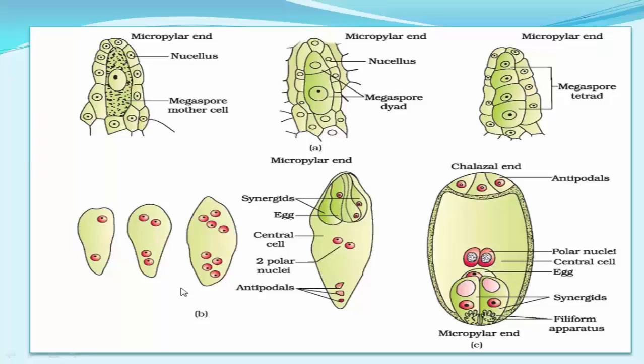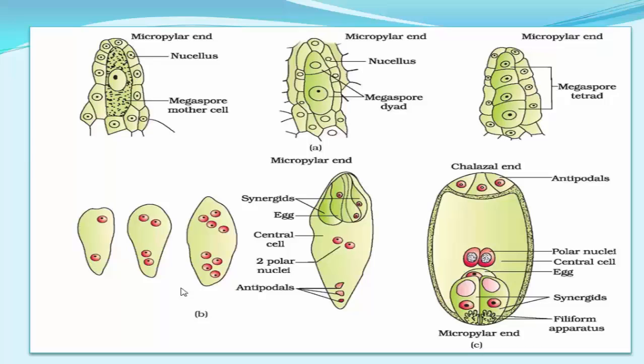Once the 8 nucleated embryo sac appears, now here occurs the particular arrangement of cells. The very interesting part about the embryo sac in angiosperms is that they show a specific arrangement of cells. This particular pattern of cell arrangement, the characteristic distribution of the cells, can be seen in the embryo sac.